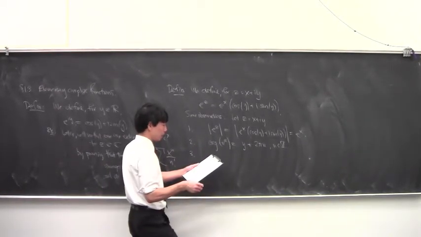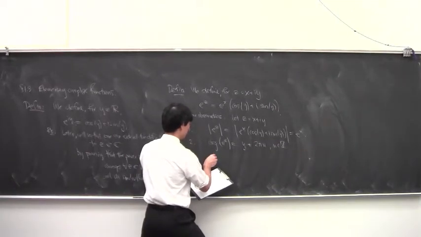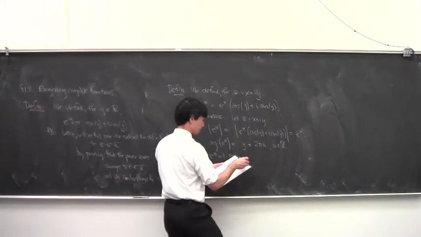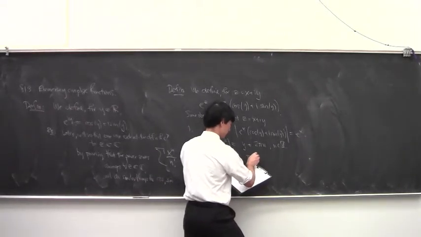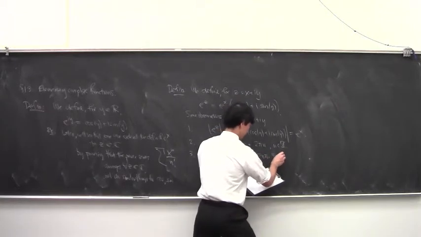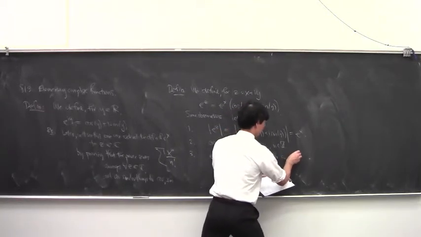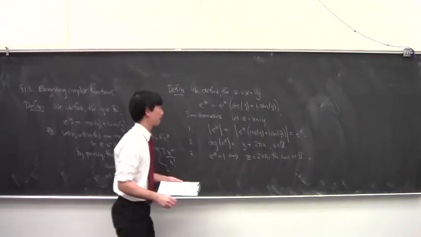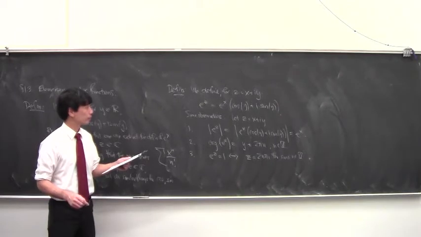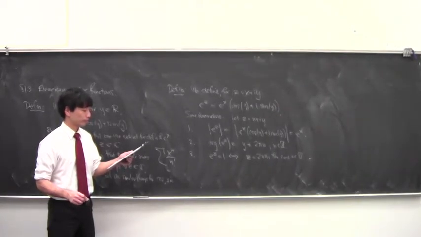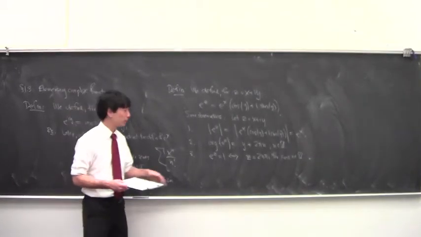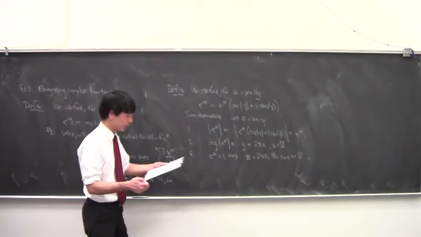Number three, trivial observation, e to the z equals 1 if and only if z is equal to 2n pi i for some n in Z. That's as obvious as I think it is.